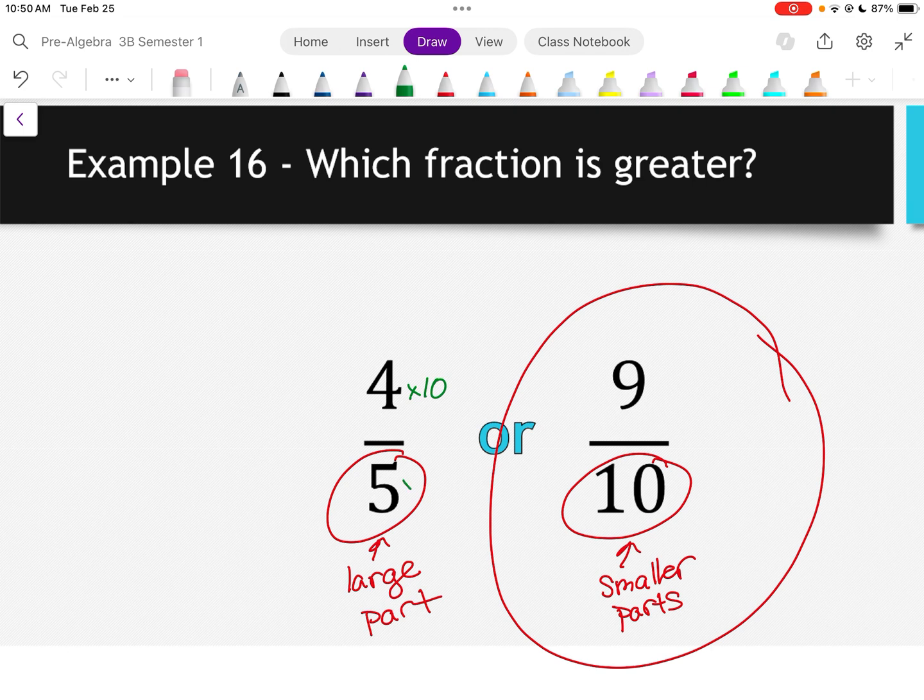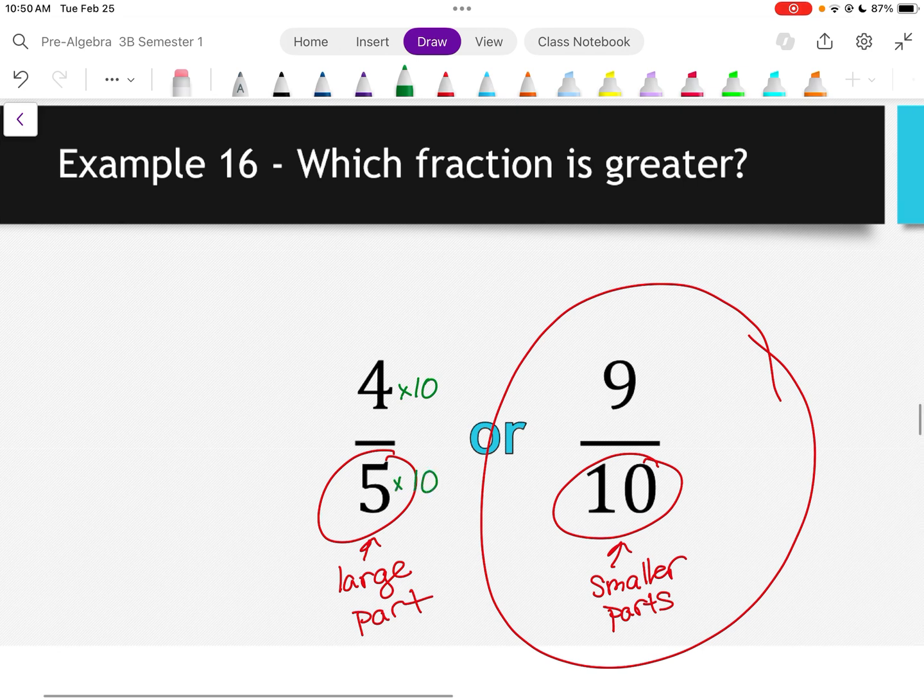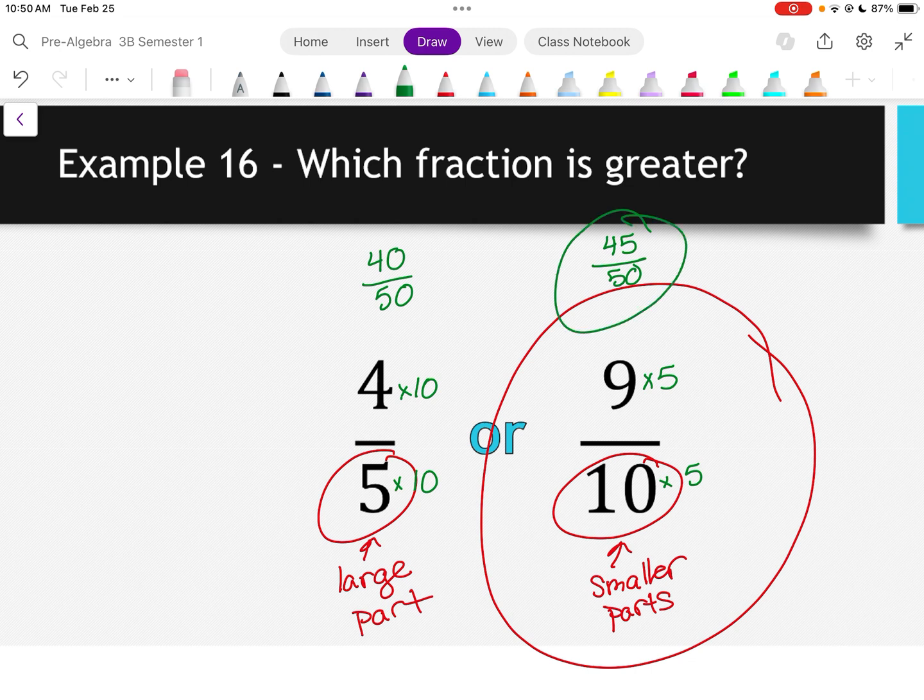And we can go ahead and check. So getting that common denominator, that'll give us 40 over 50. And these ones we have to multiply by 5. That'll give us 45 out of 50. So again, this one is closer to that whole, or all of our parts, to make one. And that shows that 9 over 10 is larger than, or more than, 4 out of 5.